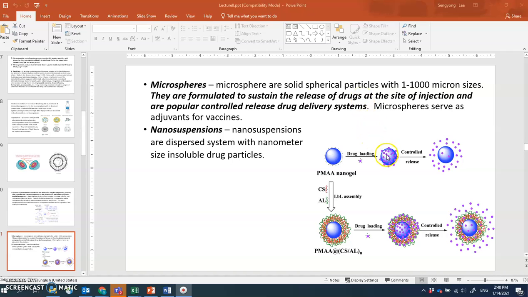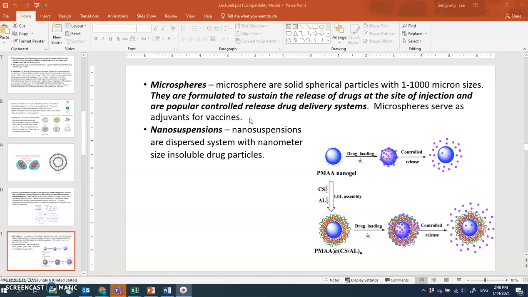Okay, since drug molecules are coating the surface of these microspheres, they are slowly released from these microspheres. So the whole purpose of coating microspheres with your drug is to have the slow release, or sustained release, of the drug. That's the whole purpose of it. Okay, so they normally serve as, I told you, adjuvant for vaccine. Okay, slow release mechanism is helped by adjuvant in your vaccine delivery system.